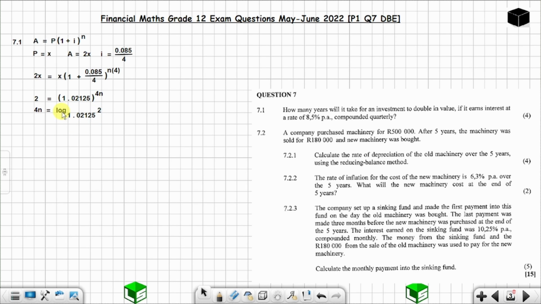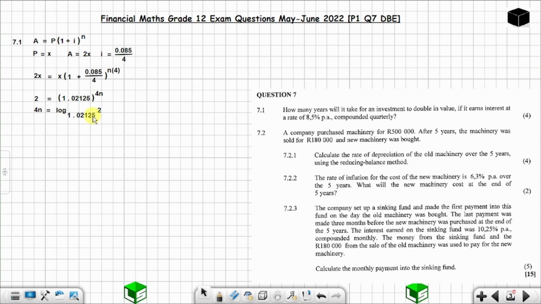So it will be log of 2 to base 1.02125. You can see 1.02125 was written as a base, and you are still going to write it as a base.